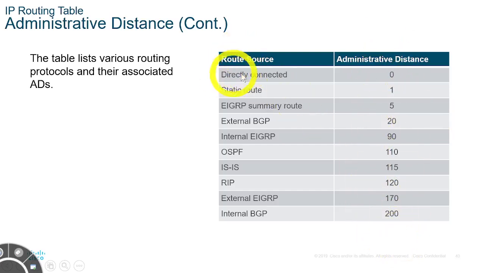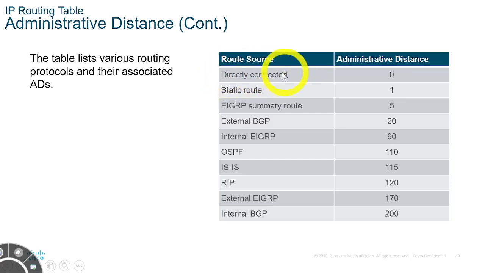So for example, directly connected is 0 administrative distance, so it's more trustworthy. Okay, this is 1, this is 5, this is 120. It means that this is the worst that we can depend on. This is the best.